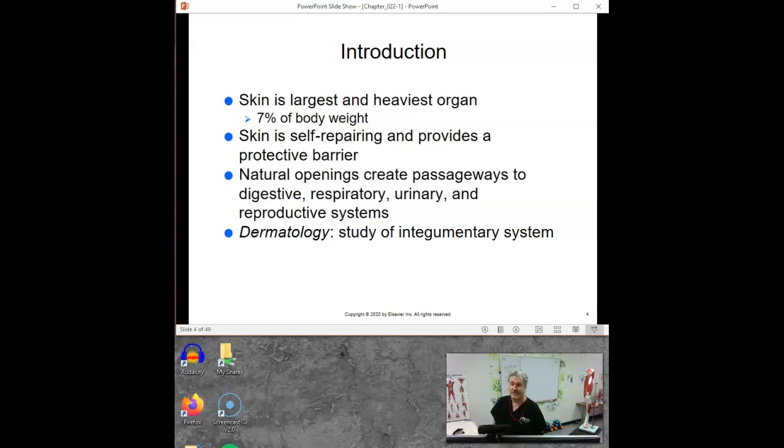The epithelial tissue, the nervous tissue, the muscle tissue, and connective tissue. Yeah. So in some ways, the integumentary system contains all 4 of those tissues.